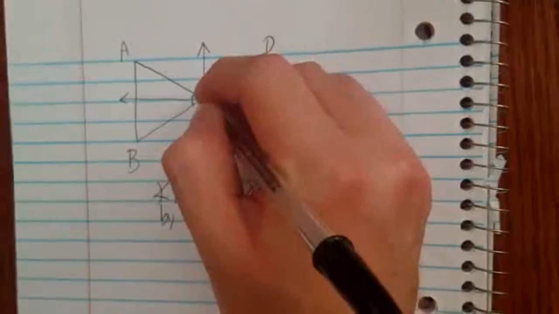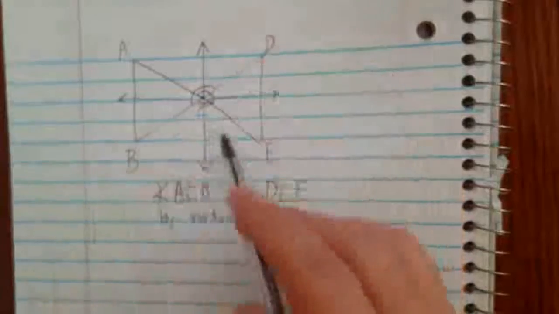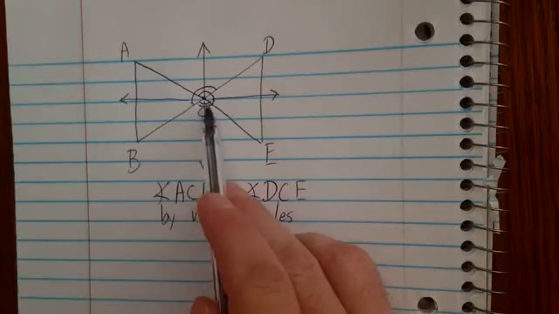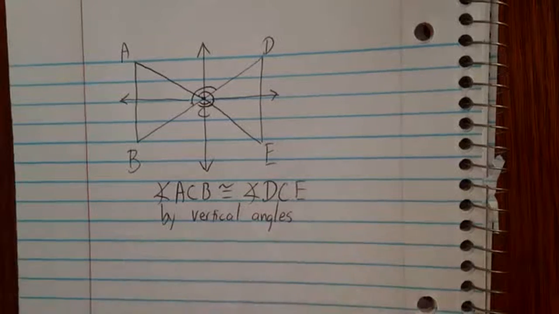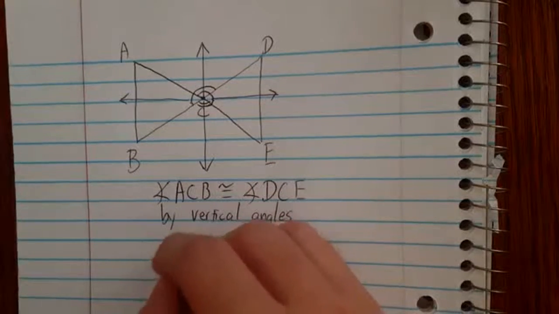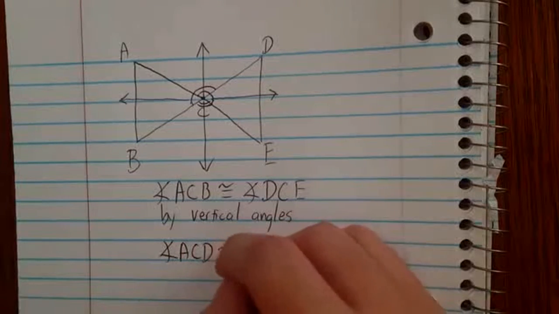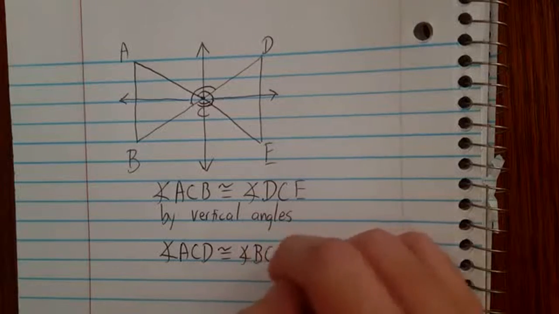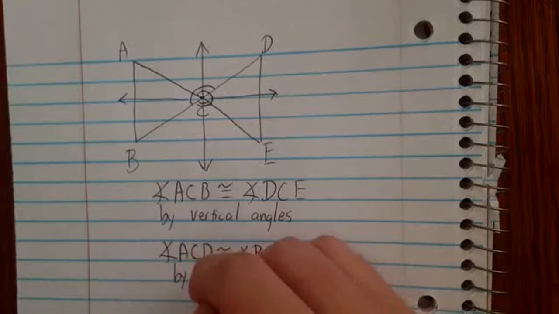You could use 3, 4, 40, as long as you don't use the same number of arcs that have already been used up by these. It's fine. I drew that really bad, I'm sorry, but it's supposed to be 2 here and 2 here to represent this. And we can actually write that angle ACD is congruent to angle BCE by the same exact reasoning by vertical angles.